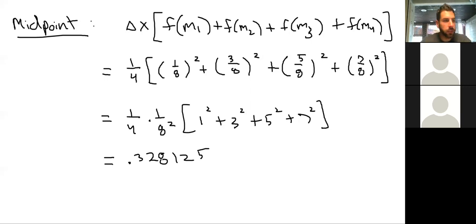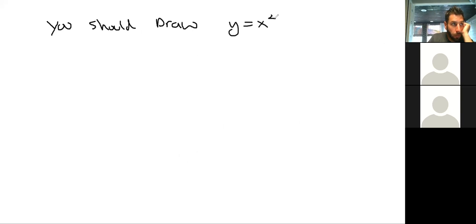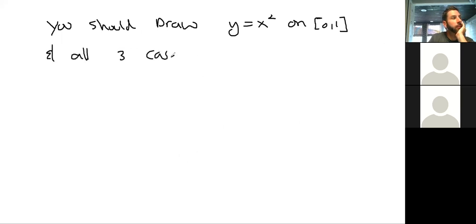So what we're going to ask you to do is do the following on the homework. You should draw y equals x squared on 0, 1, and all 3 cases: left, right, and middle.